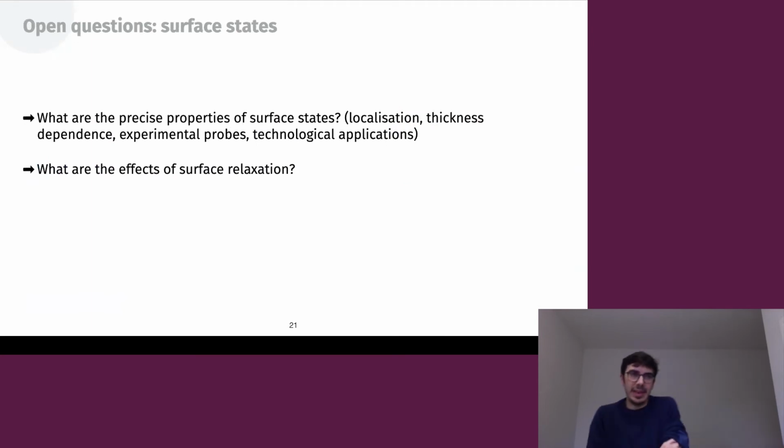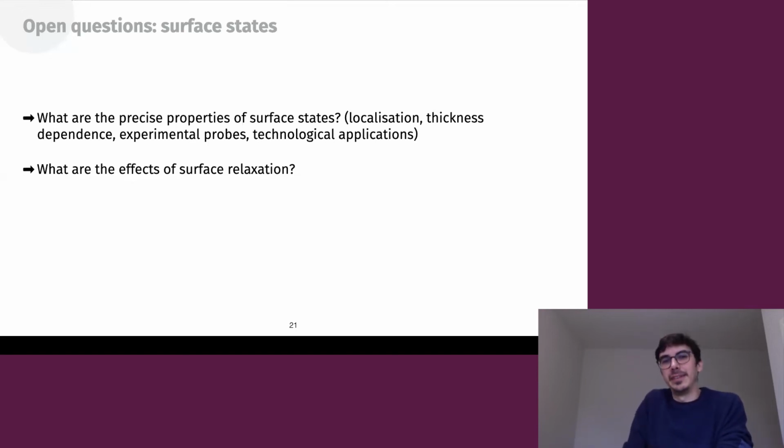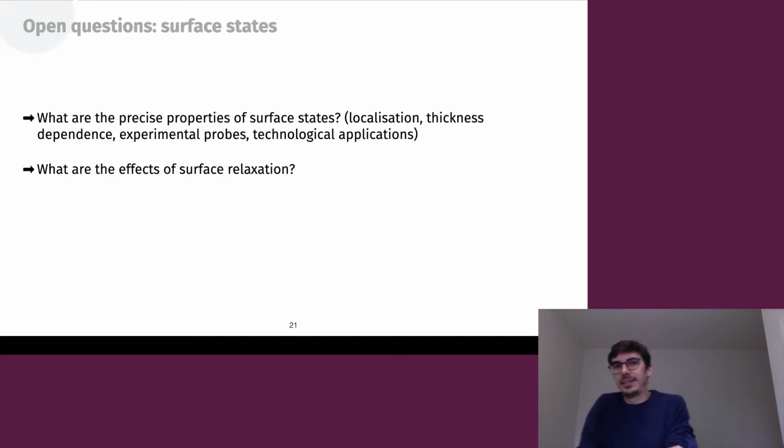So where are we at now in studying these topological phonons? And I would say that the main open questions, which is perhaps what's most interesting for today's audience and the topic of this workshop, is the surface states. So these surface states are really what could make these topological phonons practically useful, for example, because we have this localized phonon state on the surface, which have some amount of protection due to the bulk topology.